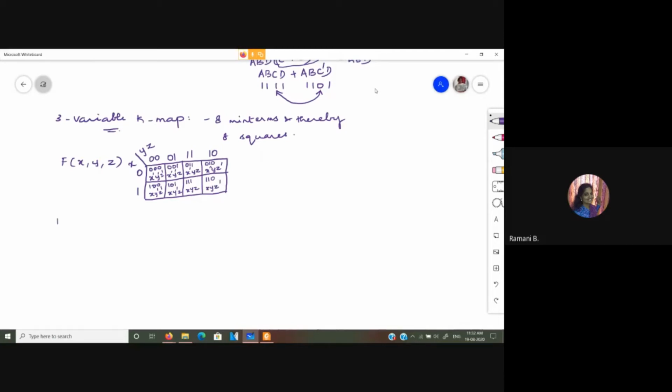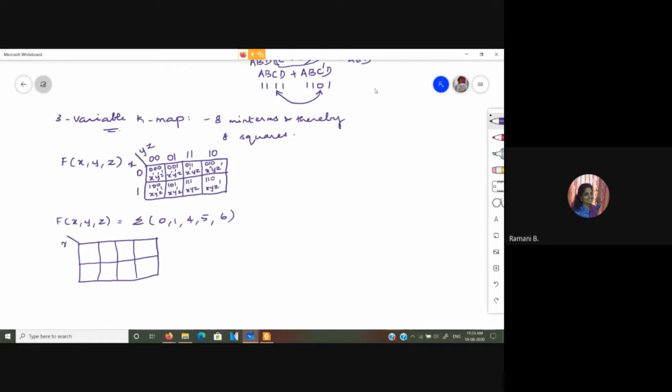So here, for example, if we are to minimize the expression for 0, 1, 4, 5, 6, we will fill the K-map in this manner.